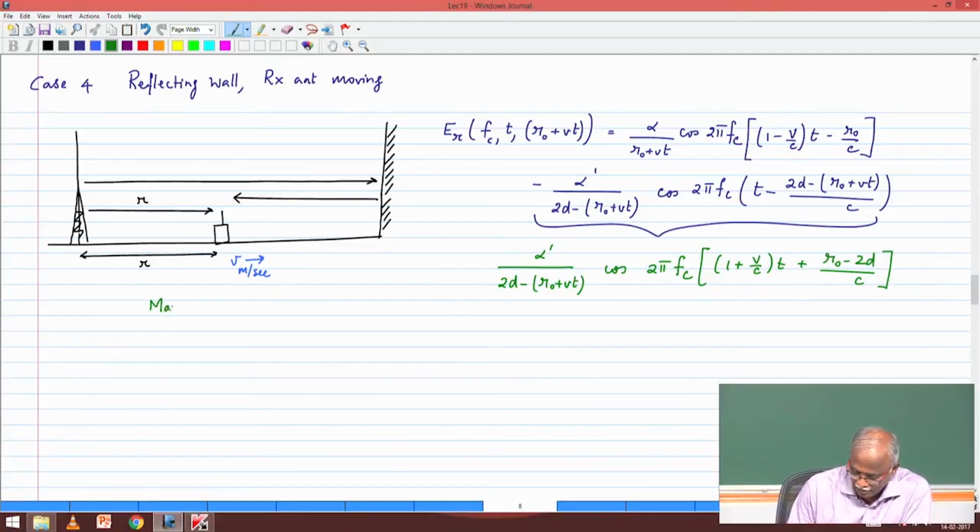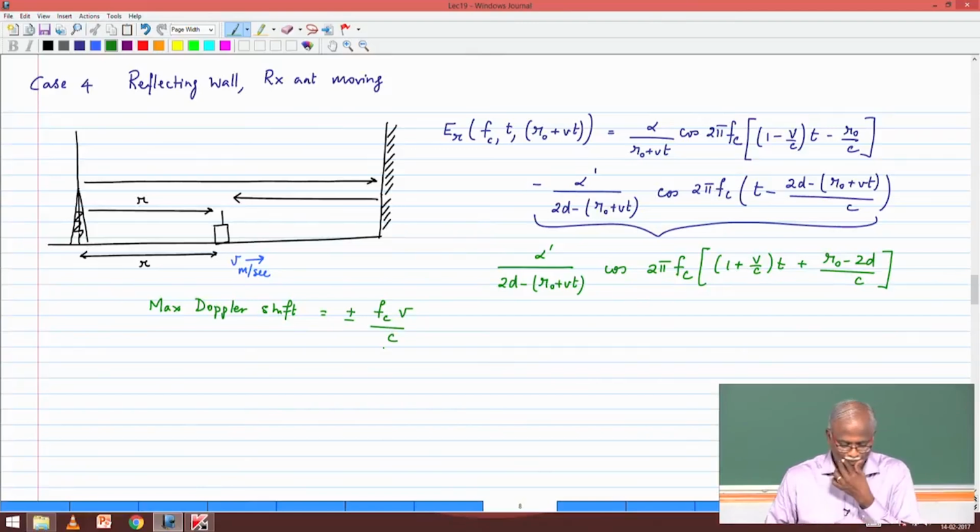The maximum Doppler shift we are seeing in this case, one with positive maximum and the other one the negative maximum, is equal to plus or minus Fc into V by C, or this can also be written as plus or minus V divided by lambda. Okay. So that's the maximum shift that you can encounter in this.